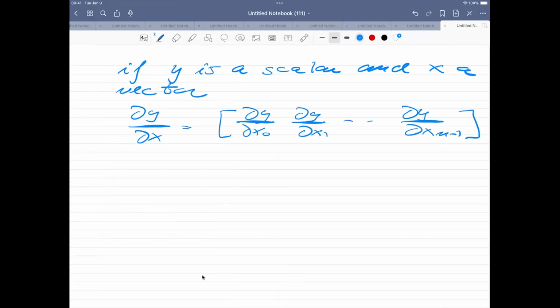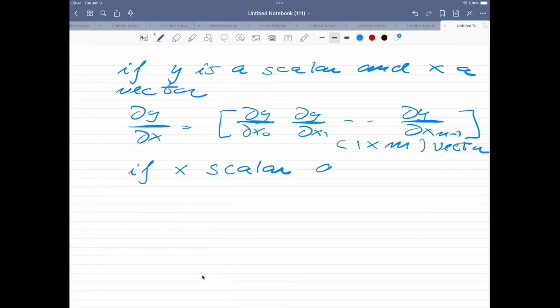If on the other hand x is a scalar and y is a vector, so you have a 1-dimensional function but with many components, then the derivative would just be an m times 1 column. So in the previous case we have a 1 times n vector.